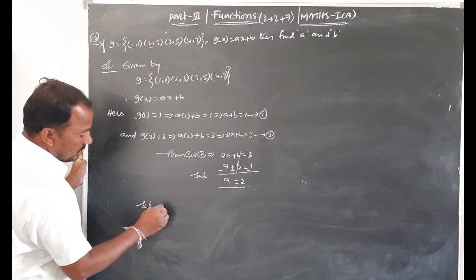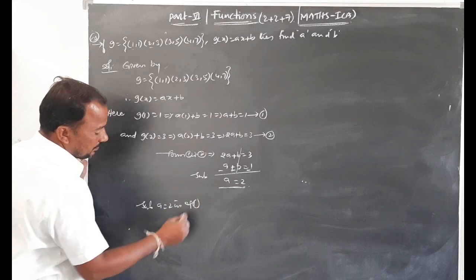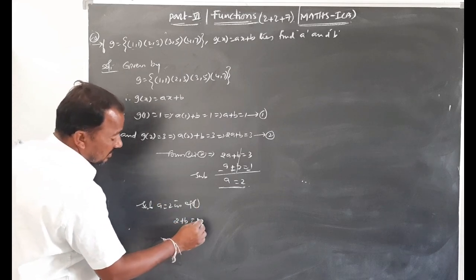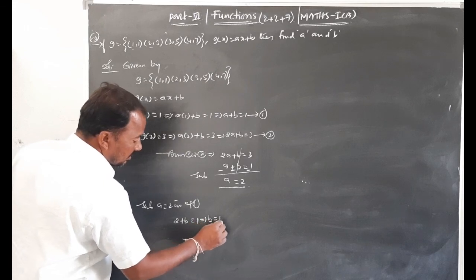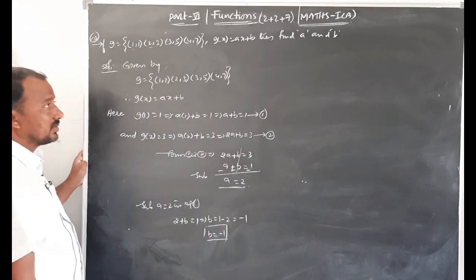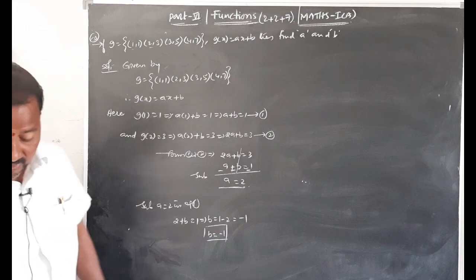Substitute a equals 2 in equation 1: 2 plus b equals 1, b equals 1 minus 2 equals minus 1. So a equals 2 and b equals minus 1.